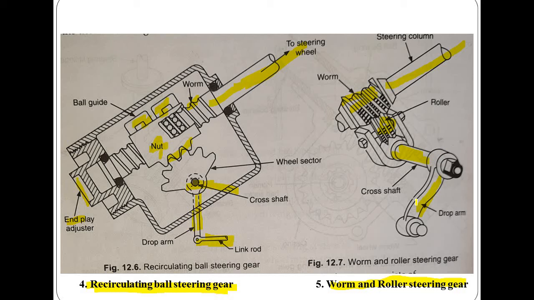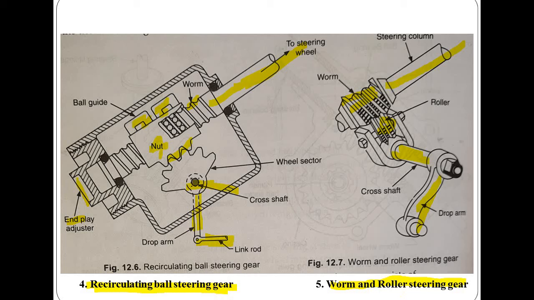The sector shaft is fitted to the drop arm, this one. The rotation of the steering wheel turns the worm, and with that occurs the rotation of the roller and its cross shaft. The drop arm then moves in an arc, and that rotates the road wheels.